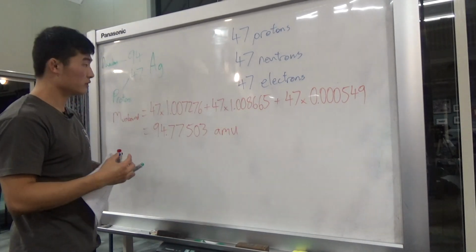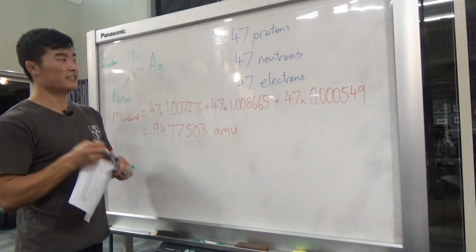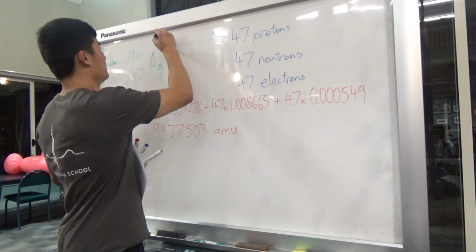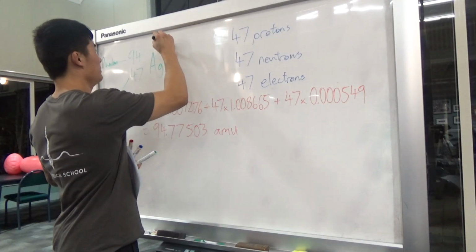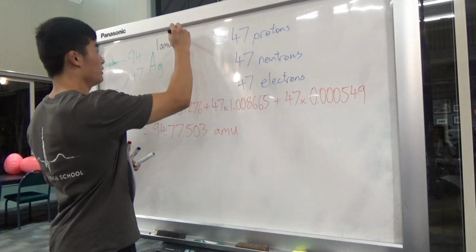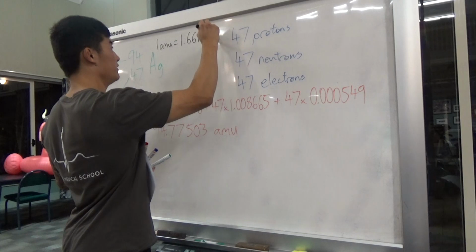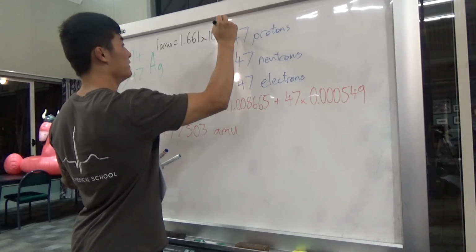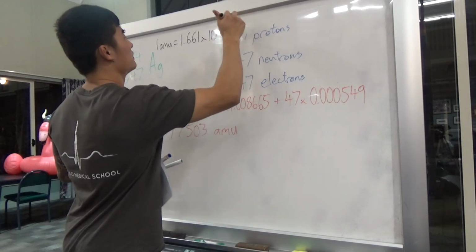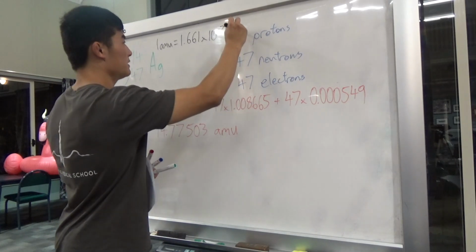That's a lot of information. So we've got 1 atomic mass unit is equal to 1.661 times 10 to the negative 27 kilograms.